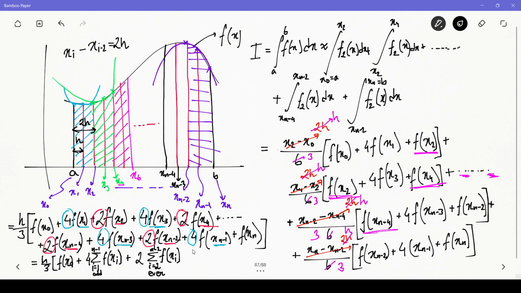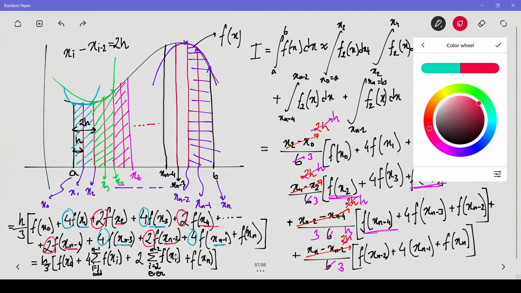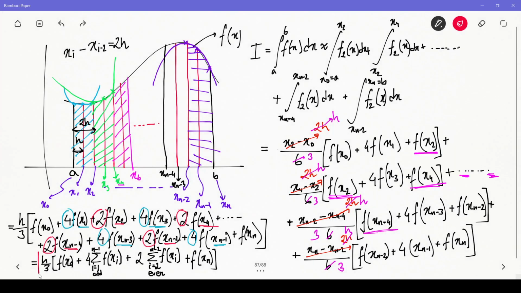And then what we have remaining is just this term over here. Let's put it in the formula, the functional value of x sub n. Fine. So from this huge thing over here, we have arrived at a more compact and reasonable, easy to remember, easy to recall formula, right? Although I wrote it in a bit congested space, sorry for that.